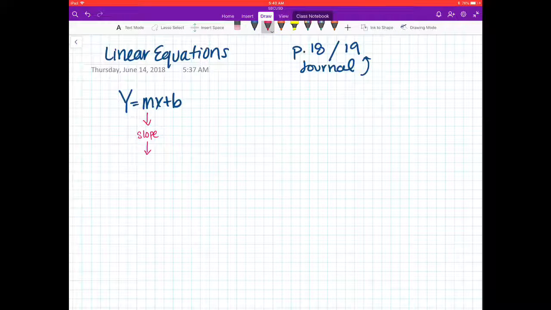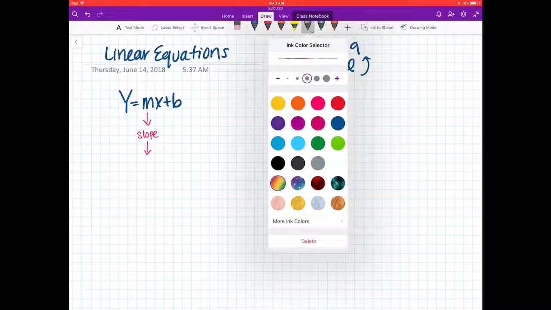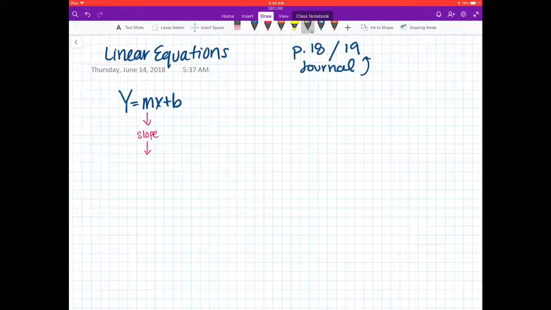Remember, this equation is for how to draw a line. This equation tells you how to draw a line, okay? Now, you need two things. You need your slope and you need your y-intercept. You need your m and you need your b.